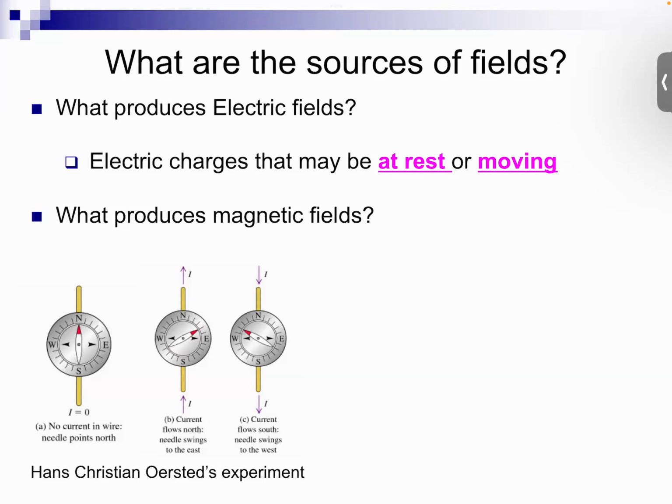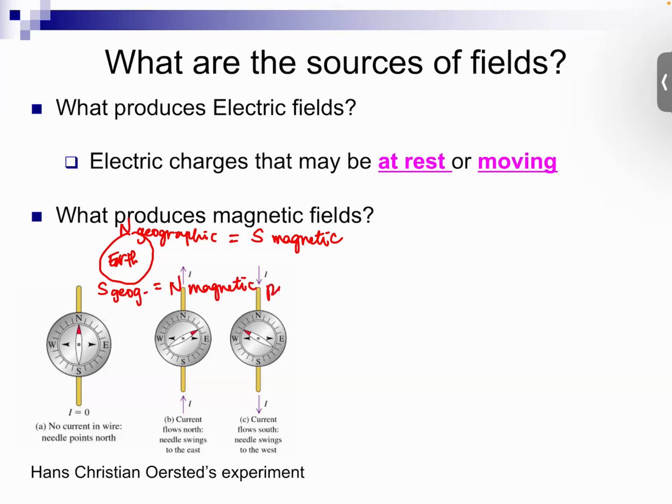So if you look at the Earth's magnetic field, so if this is the Earth, the north geographic pole of the Earth actually corresponds to a south magnetic pole, whereas the south geographic pole of the Earth corresponds to a north magnetic pole.